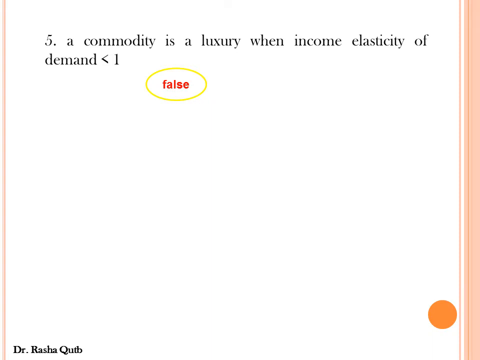On the other side, when income elasticity of demand is less than 1 but still positive, we say that we have normal good and necessary good. In this case, as income increases by a certain percentage, quantity demanded for commodity would increase but at a lower percentage.